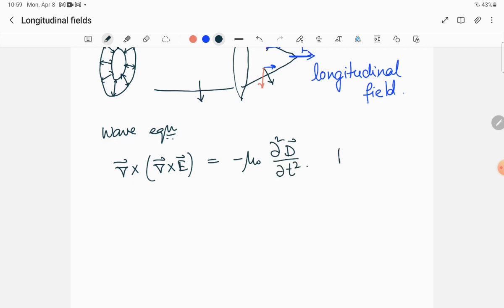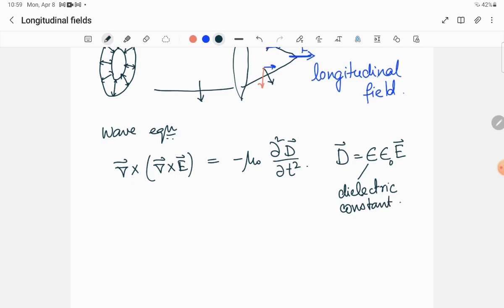Now D is nothing but, if you remember, epsilon epsilon naught E, where please remember epsilon is the dielectric constant, a dimensionless quantity.